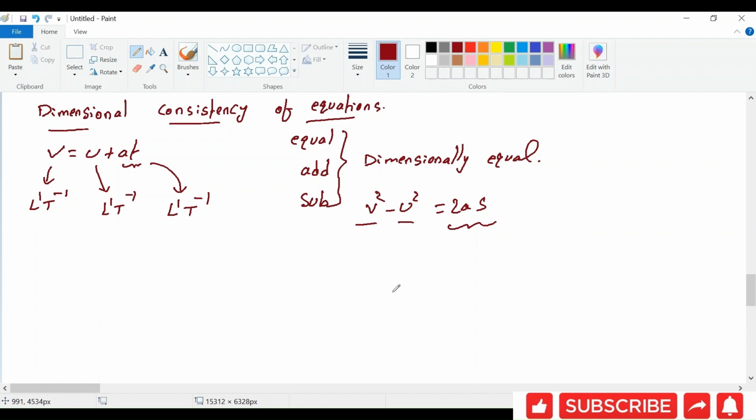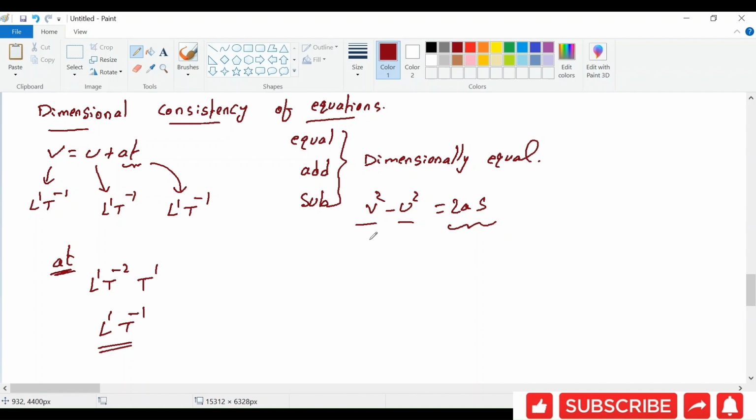Okay, let's try it. Final velocity is L power 1 T power minus 1, initial velocity is L power 1 T power minus 1. Let's do it for A into T. Acceleration has dimensional formula L power 1 T power minus 2 and time is T power plus 1. So it becomes L power 1 T power minus 1, dimensionally equal.